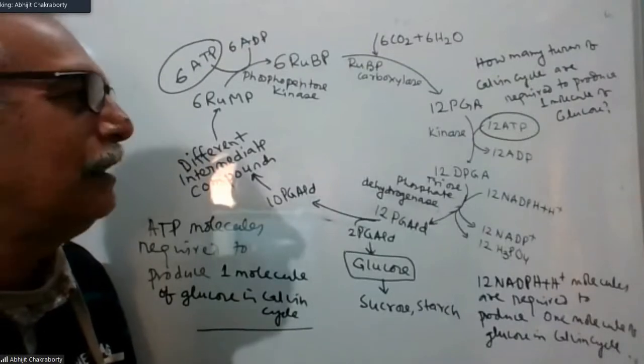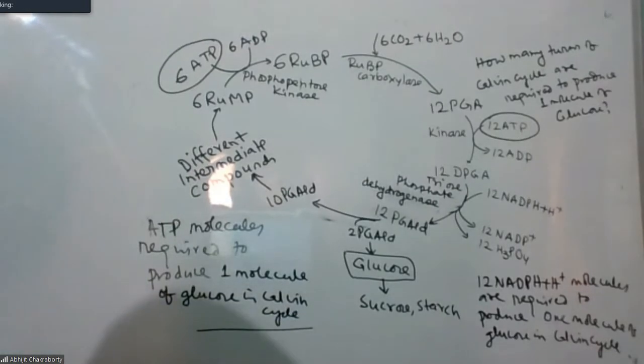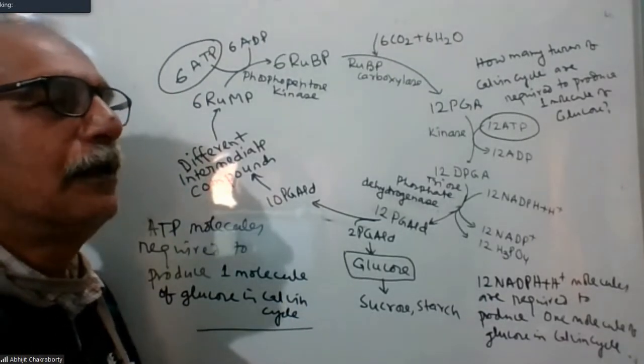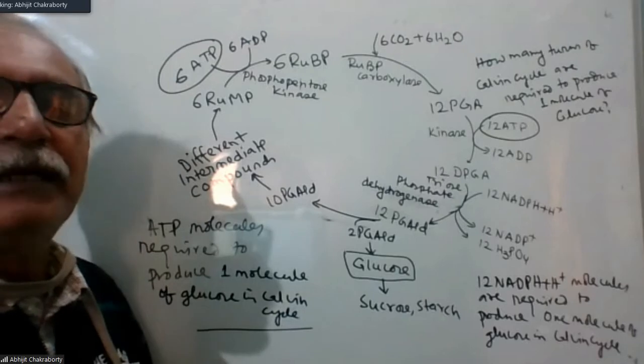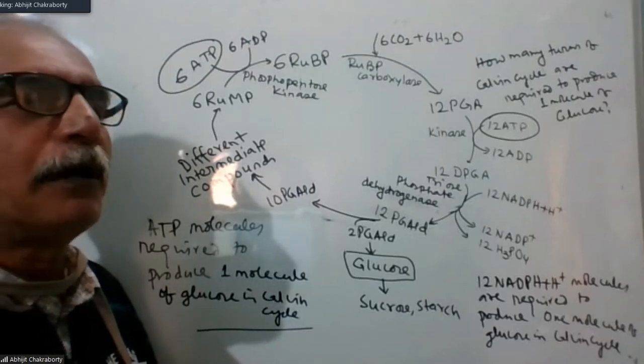So write down, in one turn of Calvin cycle, there is fixation of 1 molecule of carbon dioxide.